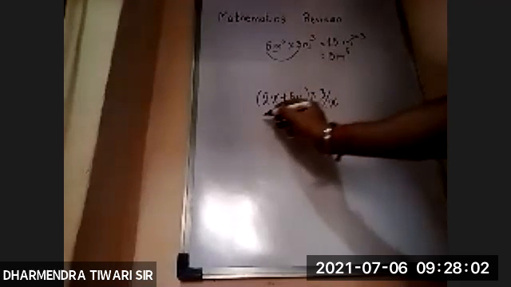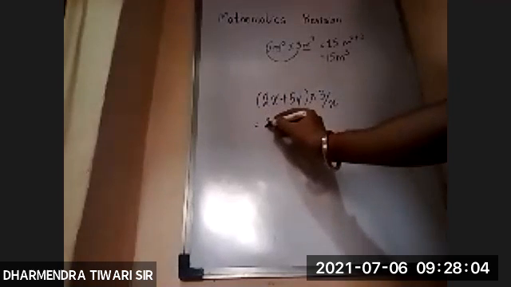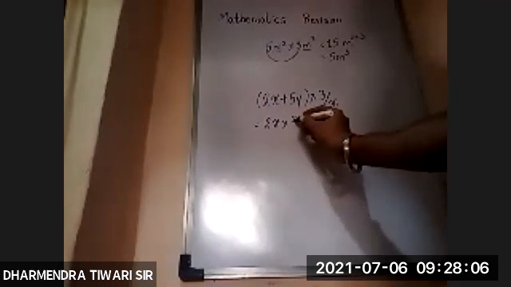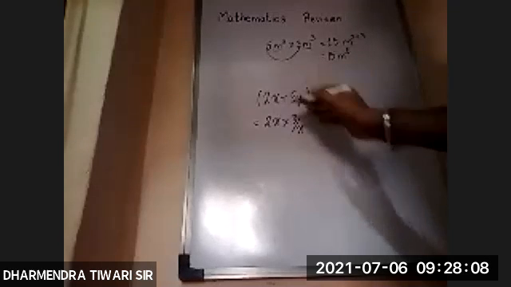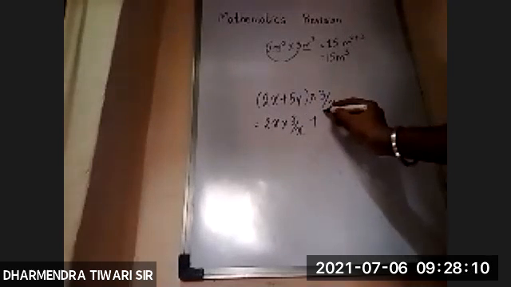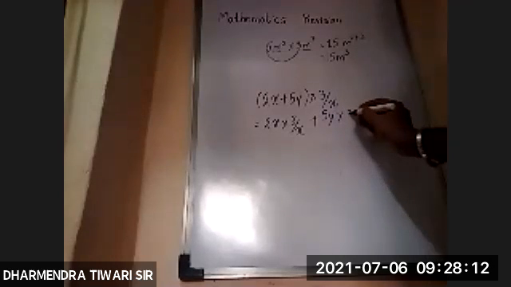When we open the bracket, 2x into 3 by x, it gets distributed to both the terms present, plus 5y into 3 by x.